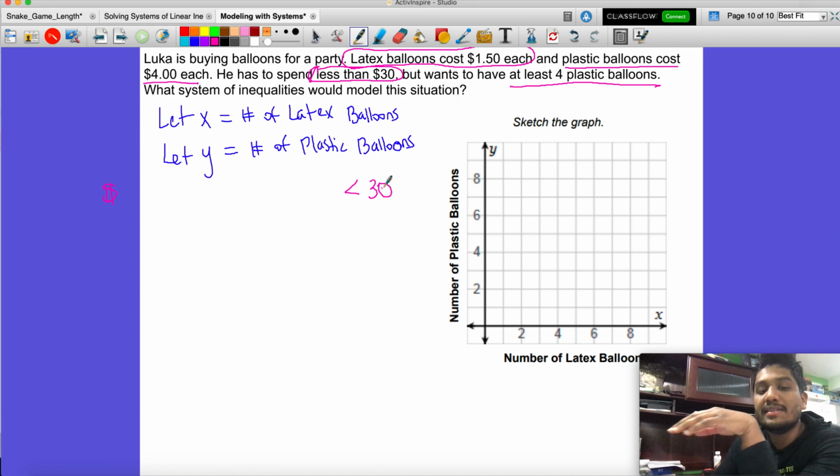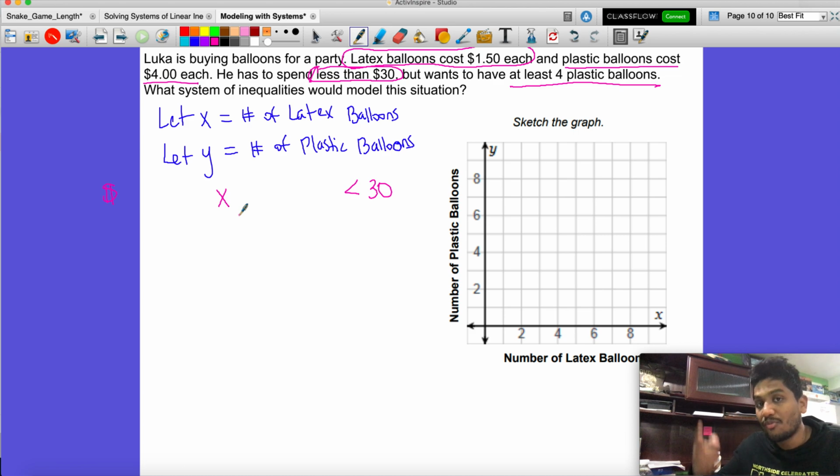And what makes up this $30? He's walking into the store. He wants to get these balloons, and there are certain prices for these types of balloons. If I had just said x, well, x represents the number of latex balloons, but it doesn't represent the amount of cost for the latex balloons. But we do know that they're $1.50 for each one, and $4 for each plastic balloon.